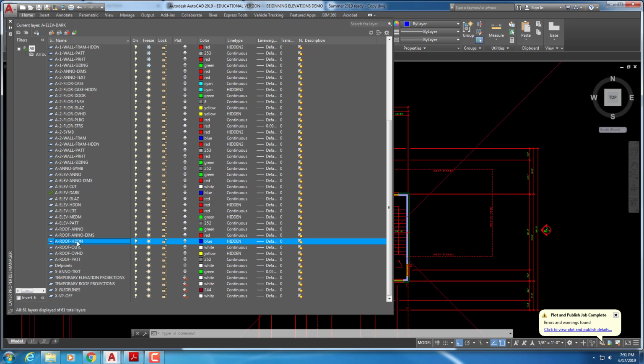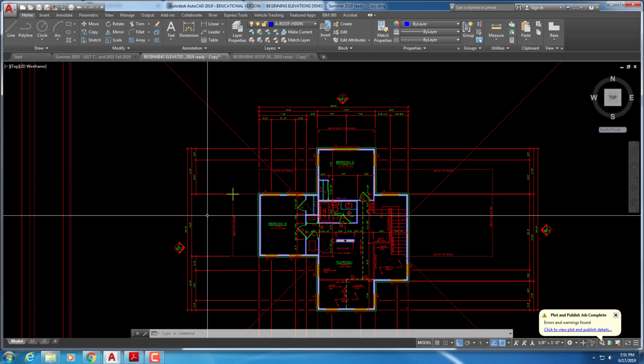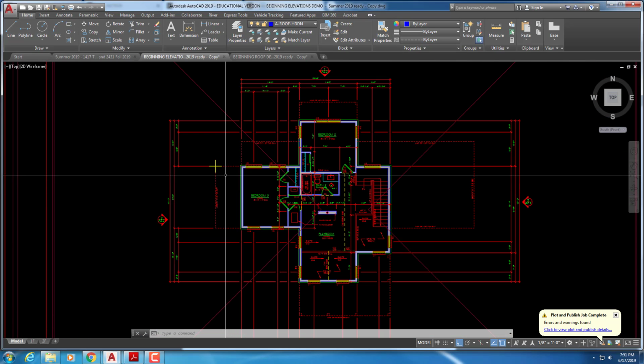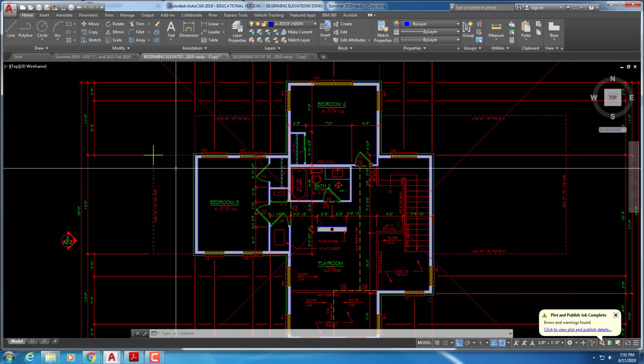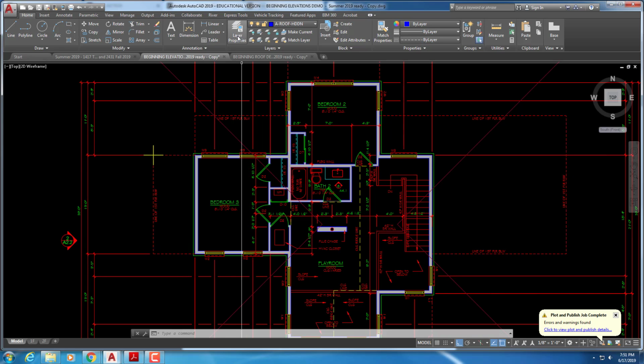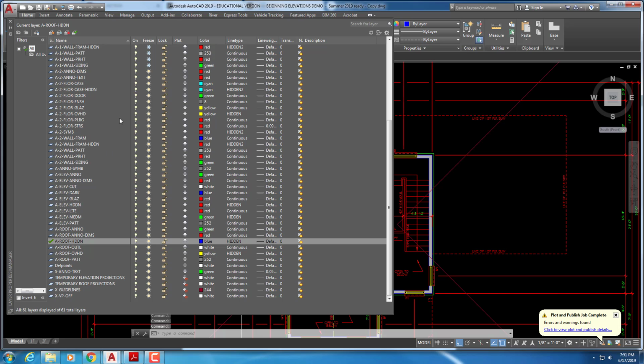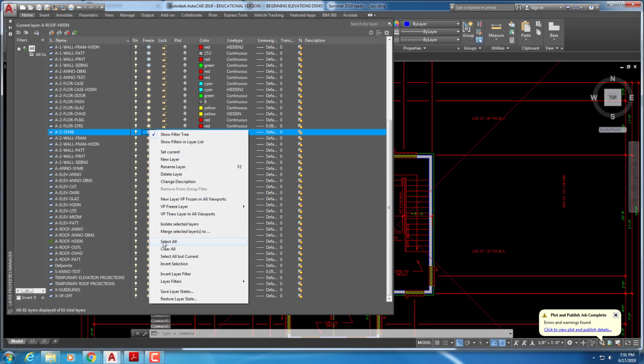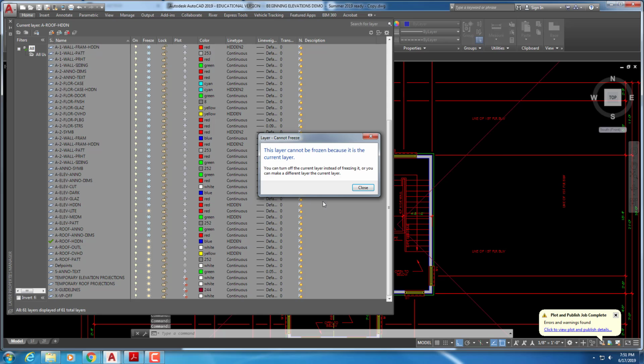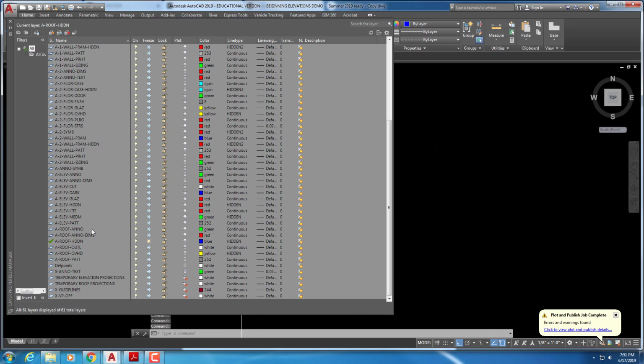So we'll draw the second floor first. So we'll set that as current. Basically, you're drawing over the top of the frame. So it might actually be easier to only see that layer or those 2 layers. So what I'm going to do is just freeze everything. Right now there's nothing on A roof hidden.